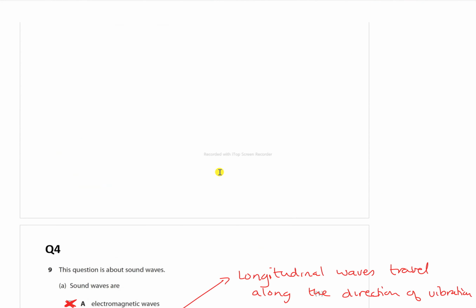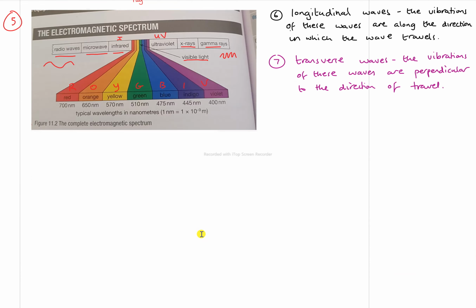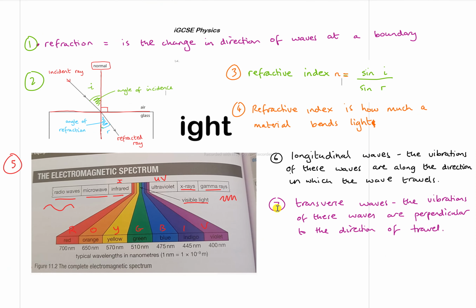So have we said anything about total internal reflection? Do we need to write it down? I think we do.